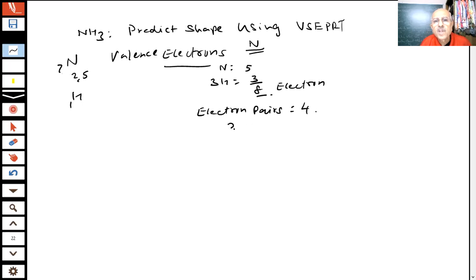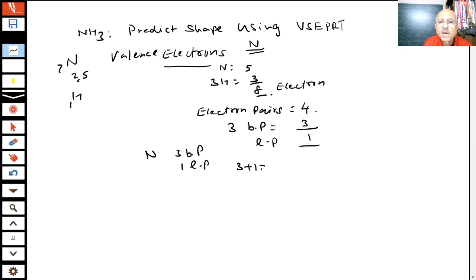So 3 bond pairs means 3 pairs are used up. So what will be left? Lone pair, 1. So here you are seeing that in the case of ammonia, nitrogen is forming 3 bond pairs and 1 lone pair. Okay?